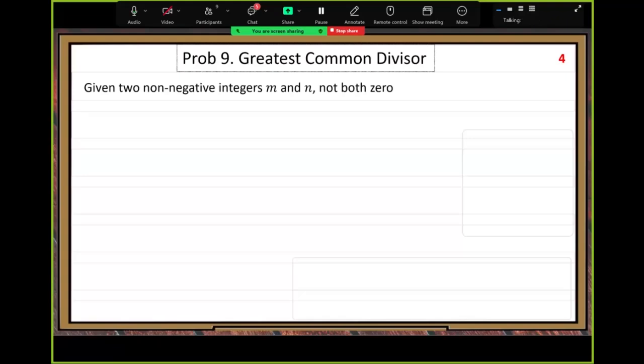One of the two could be 0, but not both. The goal is to find their greatest common divisor, using the GCD function of these two integers.